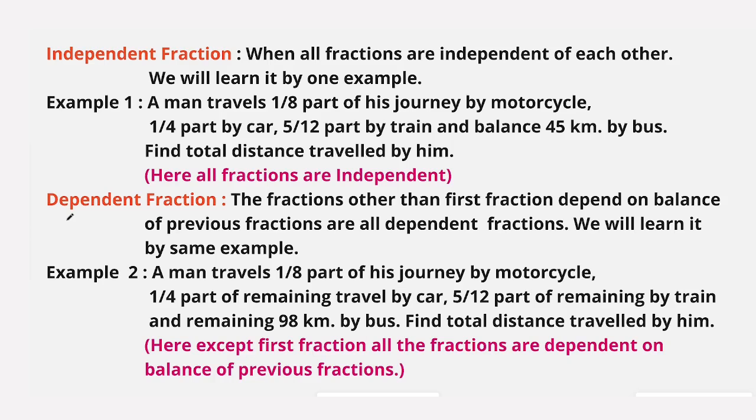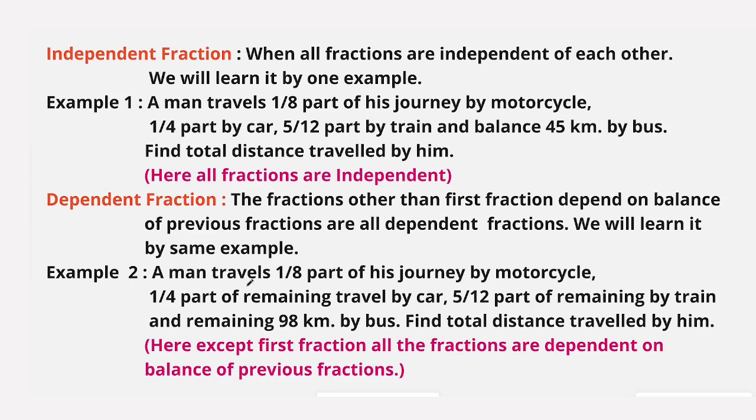These fractions are all independent of each other. Our concept will be more clear when we learn about dependent fractions. So we go to the dependent fractions. Dependent fraction: the fractions other than the first fraction that depend on the balance of previous fractions are all dependent fractions. We will learn it by the same example. Example 2.